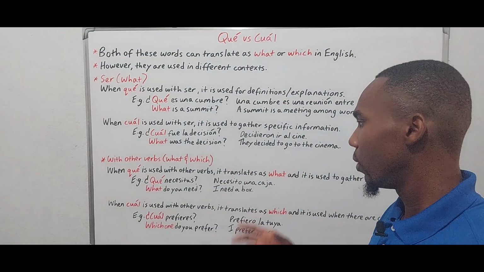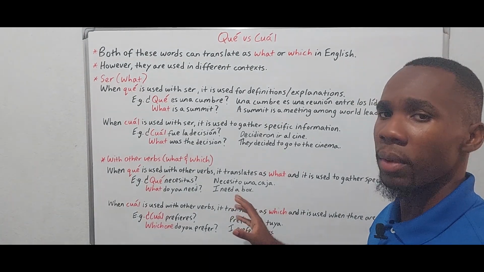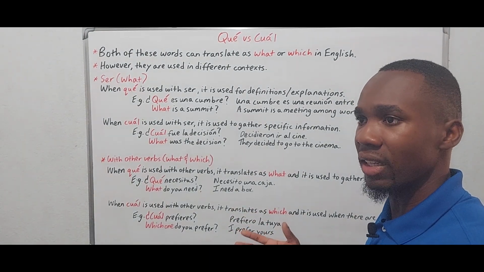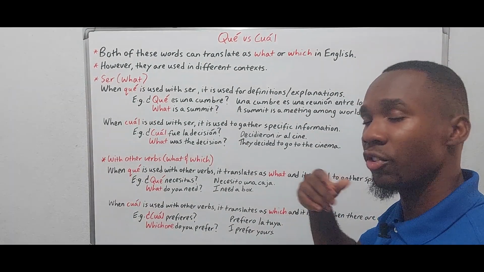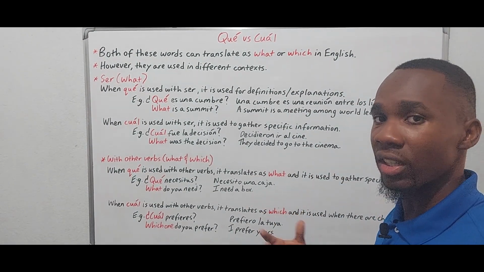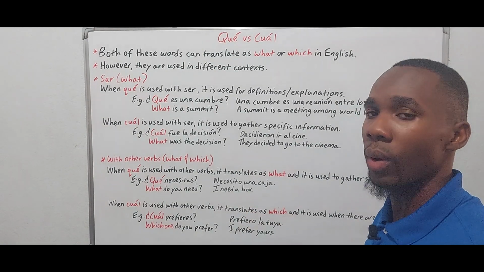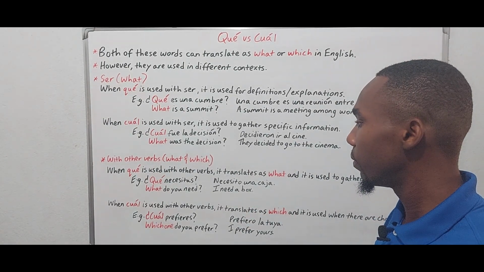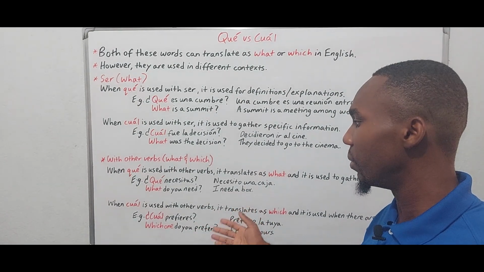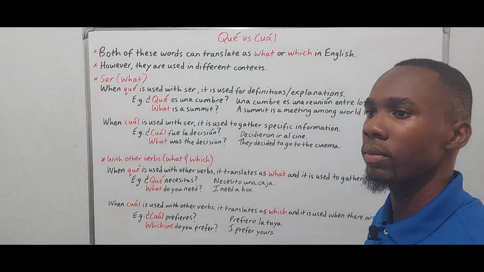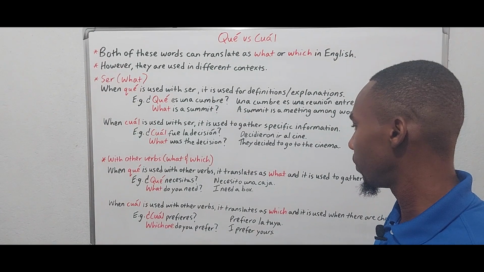So for sure you should remember cuál, meaning which. Once there are options, you need to use cuál. You can't use que in that context. You can't say que prefieres to mean which one do you prefer. No.